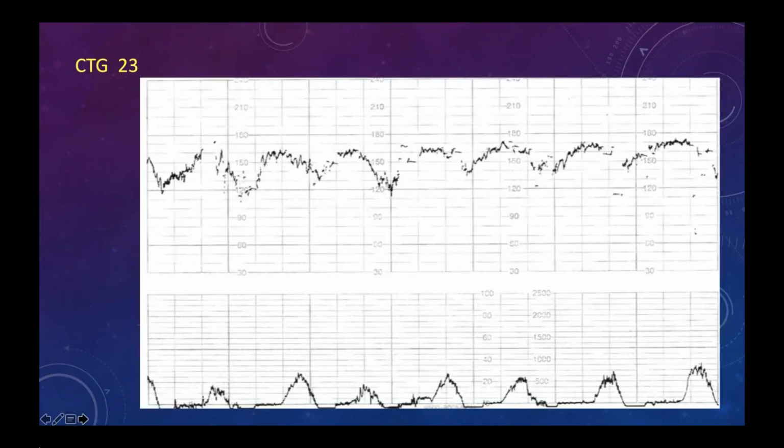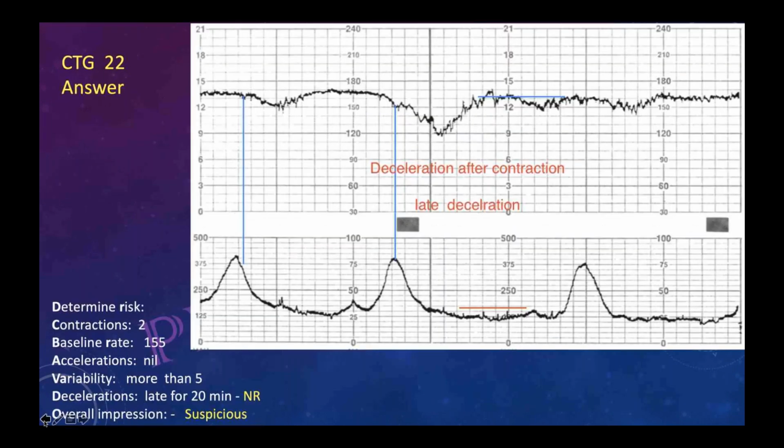Ma'am, in the previous one, if we count contractions, are there 2 or only 1? Ma'am, I can see 1 contraction in 10 minutes. From here, 1, 2, 3, 4, 5, 6, 7, 8, maybe till here it is 10.